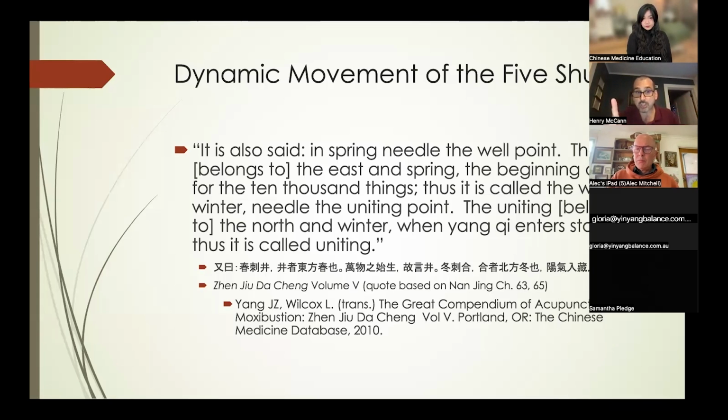Now, in this patient, the problem is not coming out of winter, the problem is going into winter. He wasn't able to bring the qi down and into the kidneys and the lower jiao. So what do we do? We go to the next section here. It says, in winter, needle the uniting point. The uniting belongs to the north in winter when yang qi enters storage. Thus, it is called uniting.